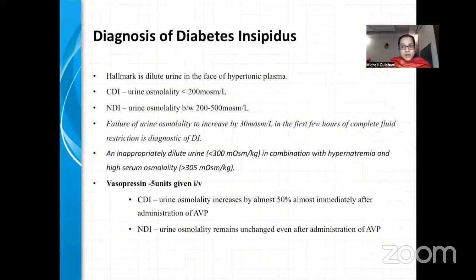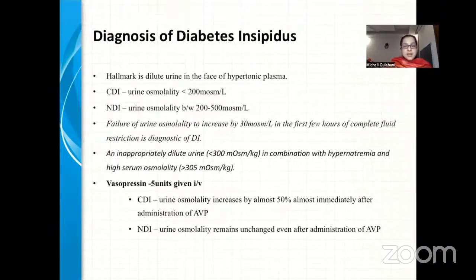So how we can differentiate between the two is the vasopressin test. Once you give vasopressin in central diabetes insipidus, the urine osmolality will increase by 50% almost immediately. However, in nephrogenic, the urine osmolality remains unchanged even after giving AVP.